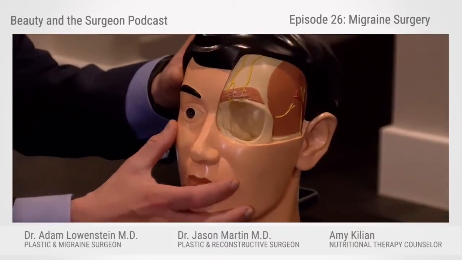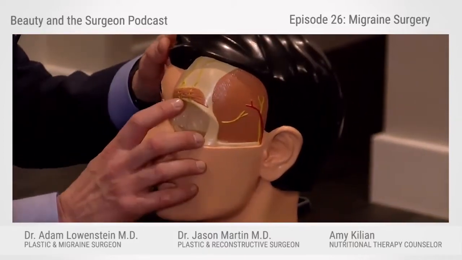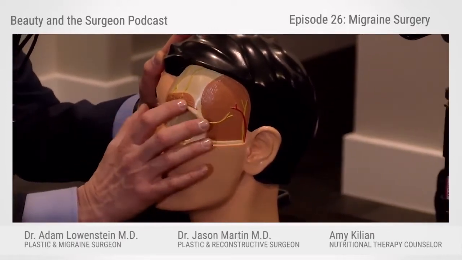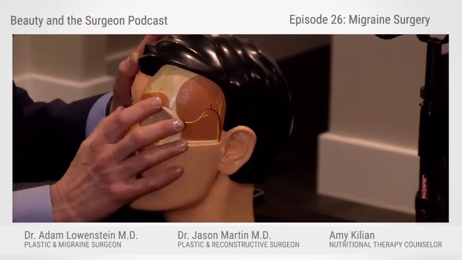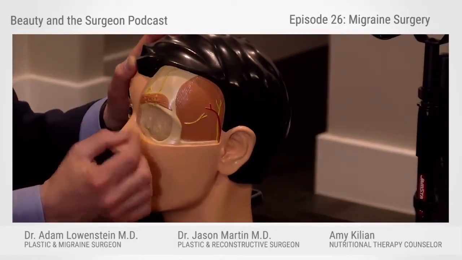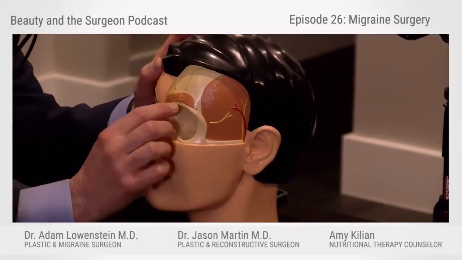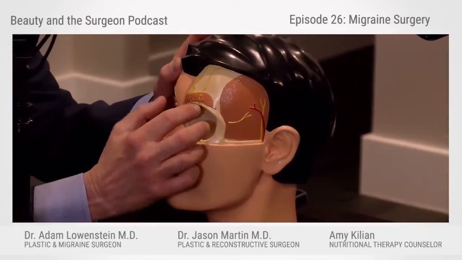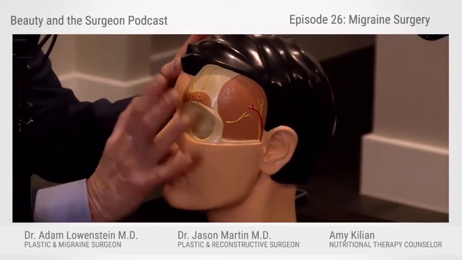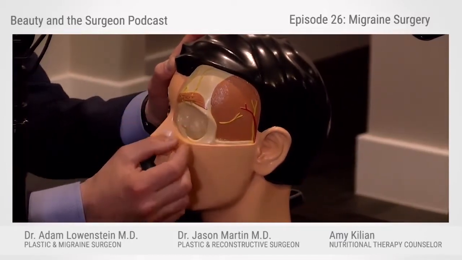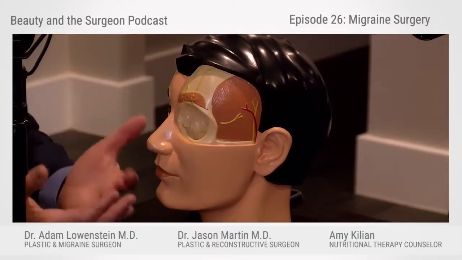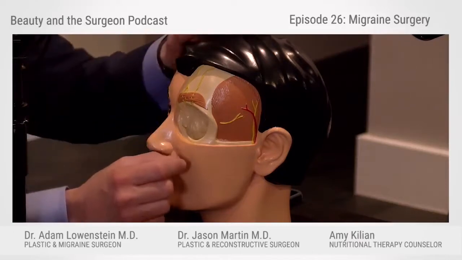Right. And so, the nerves above the eyelid, above the orbit or above the eye, the supraorbital and supratrochlear nerves, they go through variably either holes or notches in the bone, in the superior orbit or the eye socket. And so a lot of times there's compression there. And so we'll actually unroof what's called a foramen, or the hole that the nerve goes through.